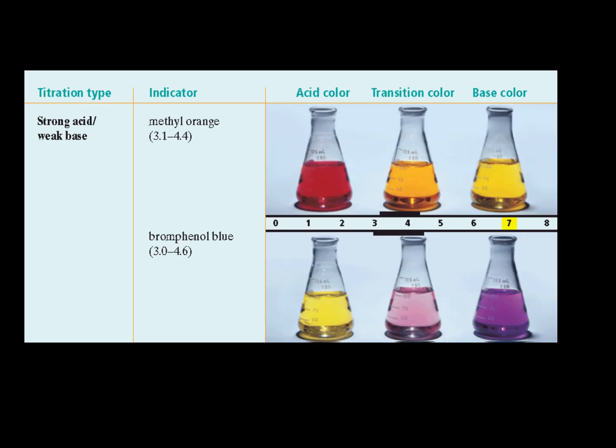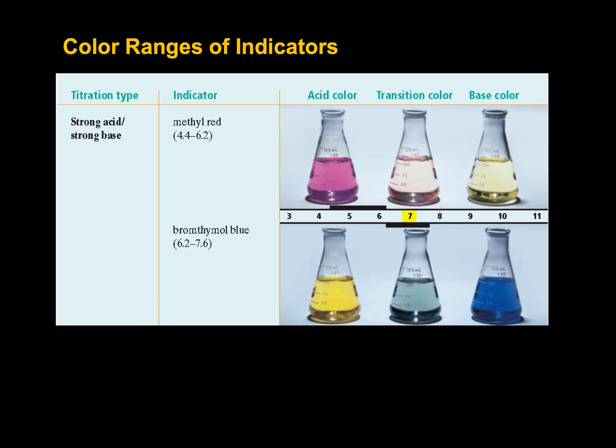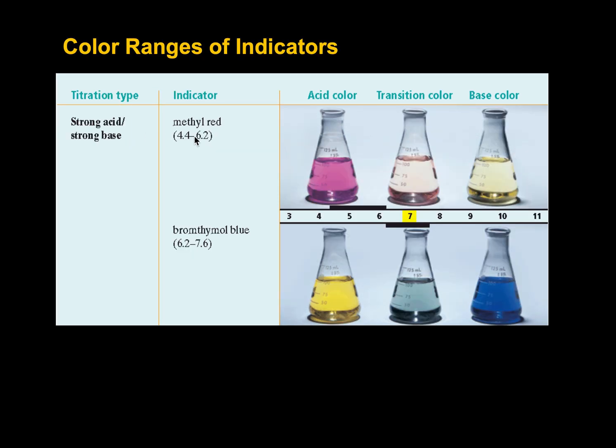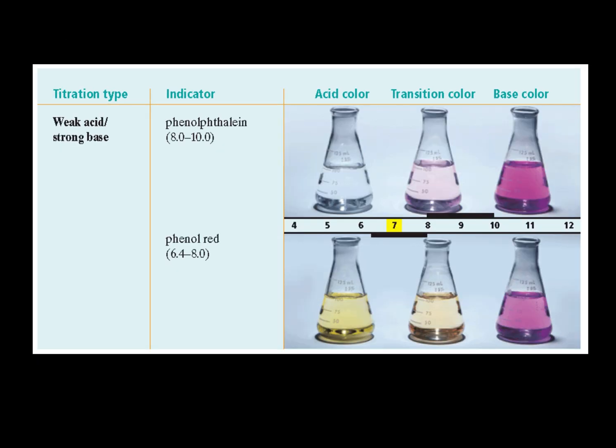We'll also do this for a strong acid and a weak base, and the indicators are methyl orange and bromphenyl blue. And this should be bromothymol blue right here. And these numbers in parentheses are pH values. And then if we had a weak acid and a strong base, we have phenolphthalein and then phenol red.